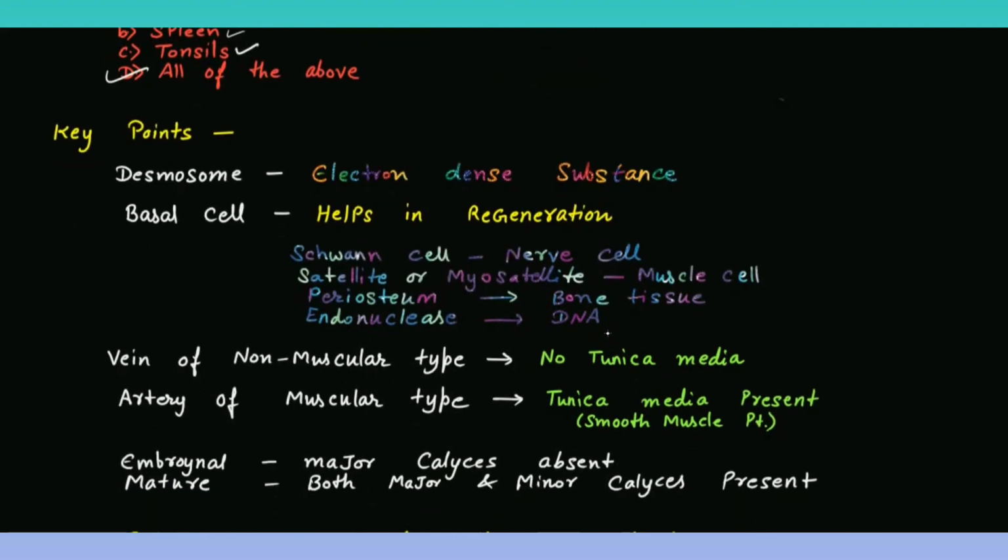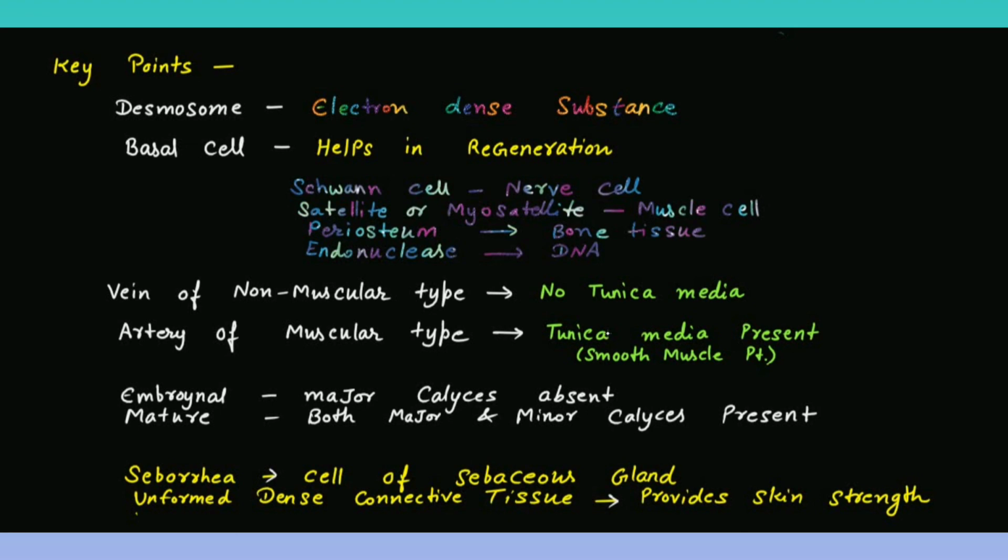Next are some key points that I will discuss, some questions from the base, some from the ministry. Let's discuss desmosomes. If in the question they give something like electron dense substance, that is the desmosome. Next is the basal cell. We know that it helps in regeneration and repair.